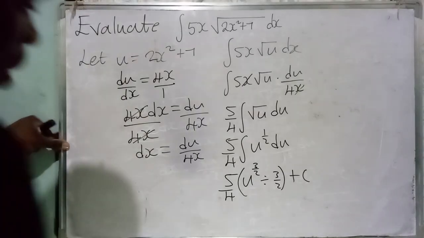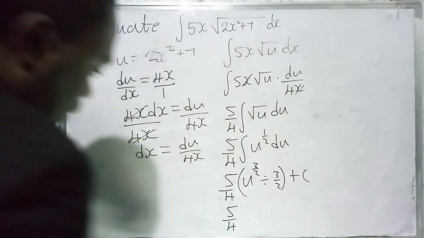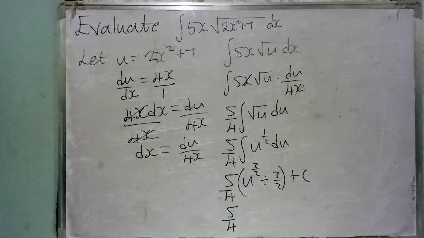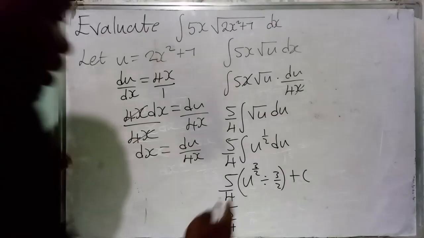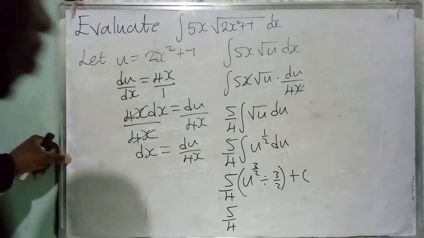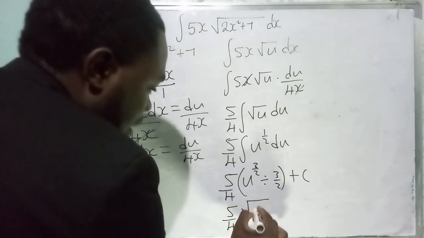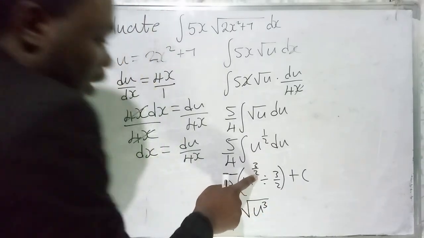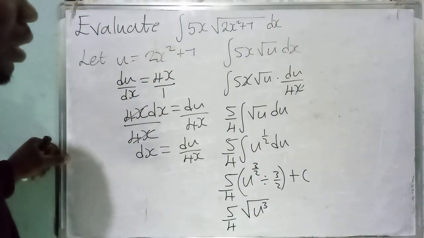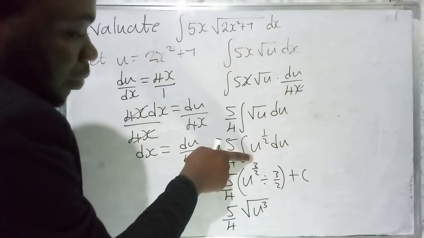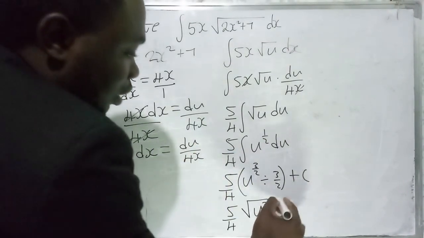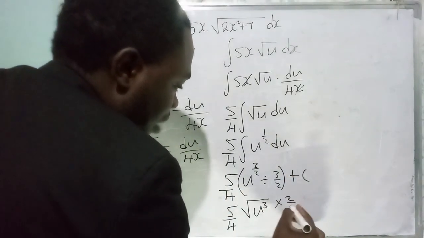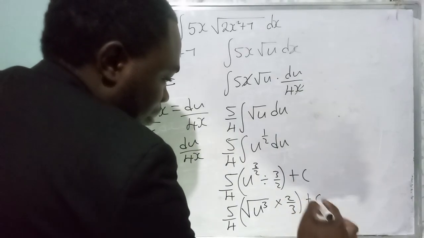The next step will be 5 over 4, and then we change this. The denominator of the power will form the root. We have a denominator of 2, meaning the square root of u, to the power of the numerator, 3. Then the division sign changes to multiplication and the fraction reciprocates, giving 2 over 3, plus c.